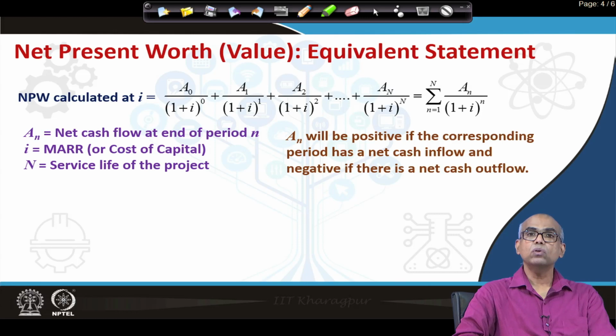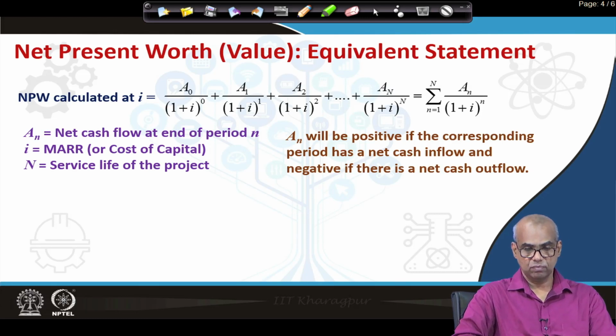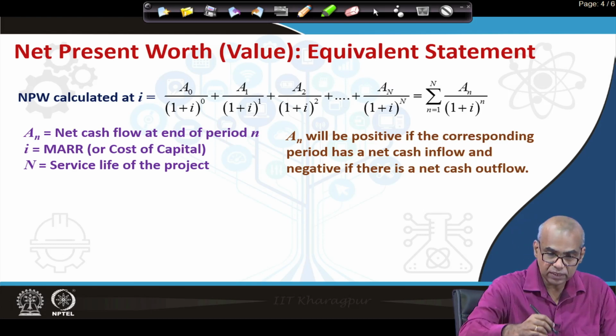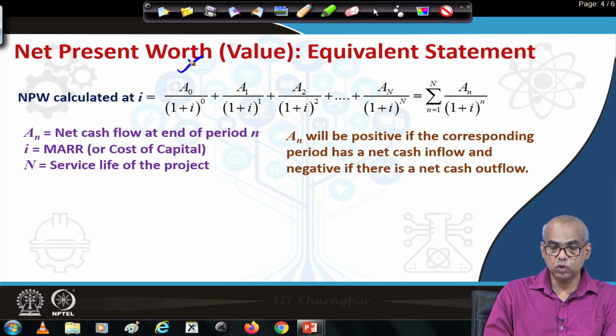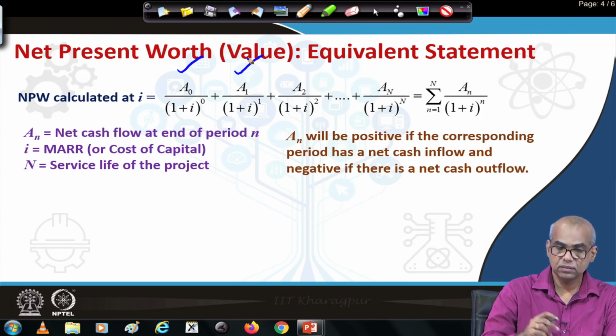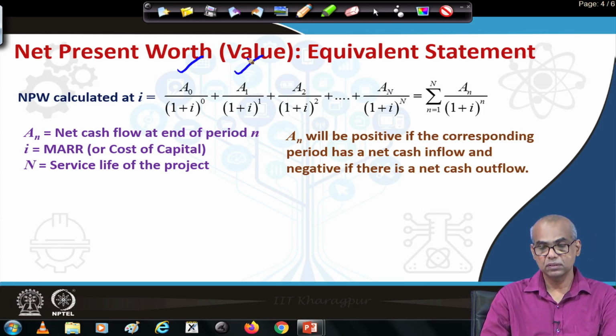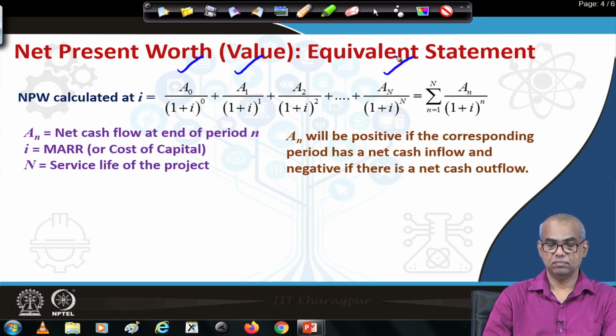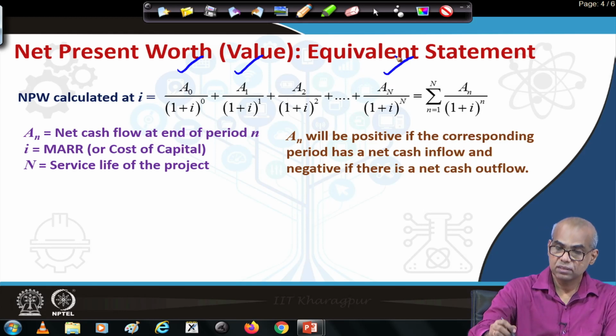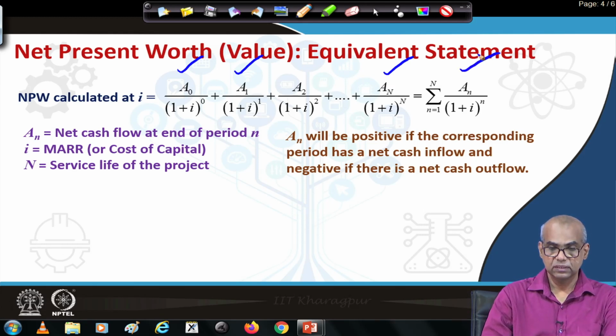Now, we can also make an equivalent statement about NPV. The net present worth or NPV can be calculated at interest rate i as A0 by (1 plus i) to the power 0 plus A1 divided by (1 plus i) to the power 1, and so on and so forth up to year n, which is summed as n equal to 1 to n.